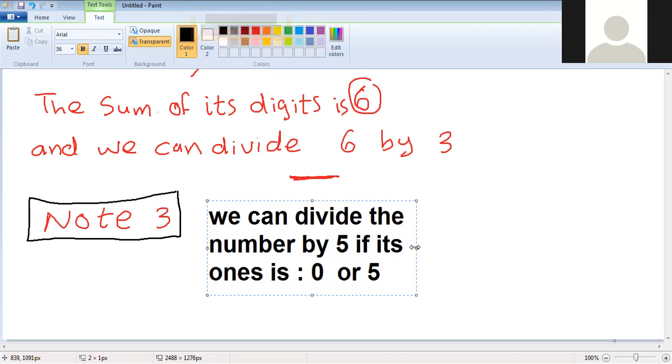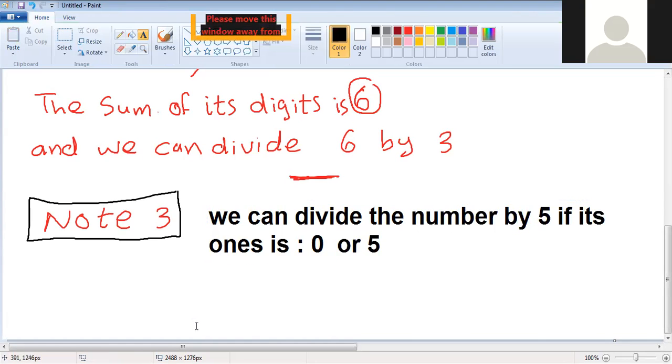Okay. We can divide the number by 5 if its ones is 0 or 5. For example, give me any large number, please. We can divide it by 5.